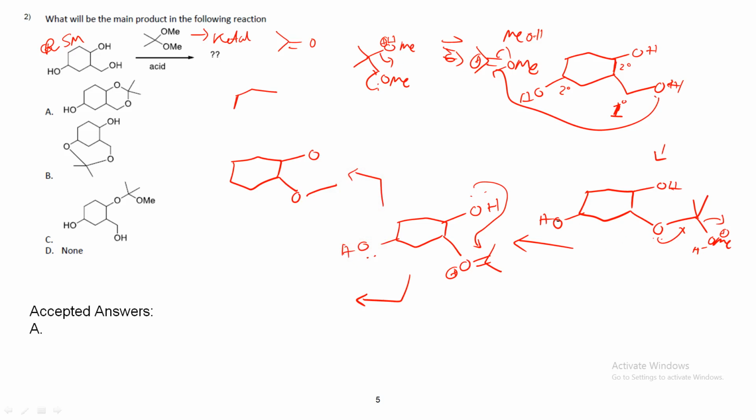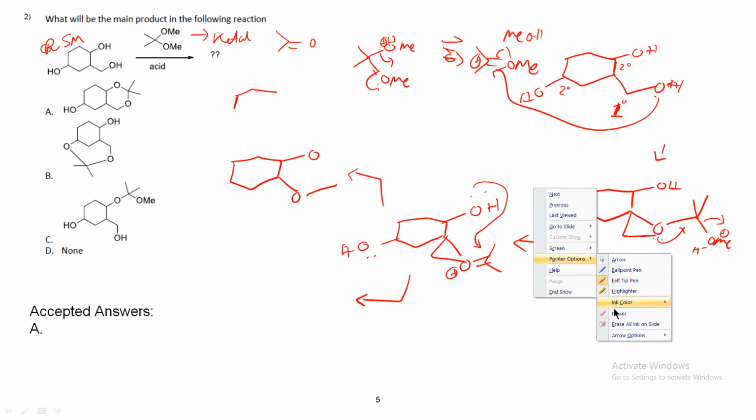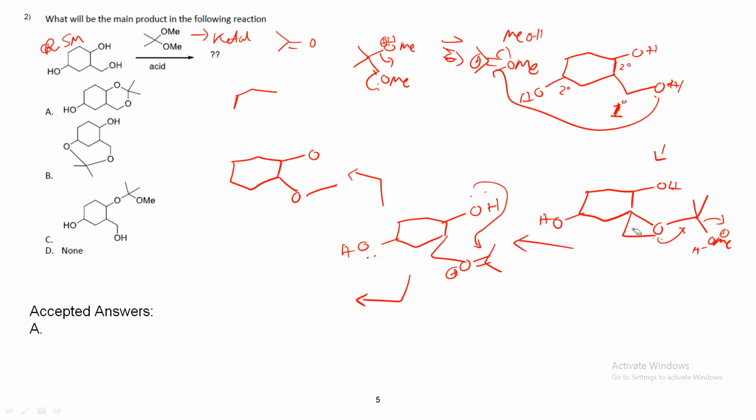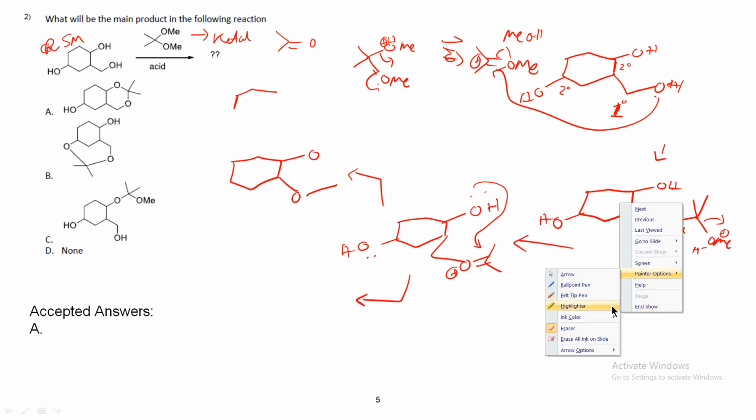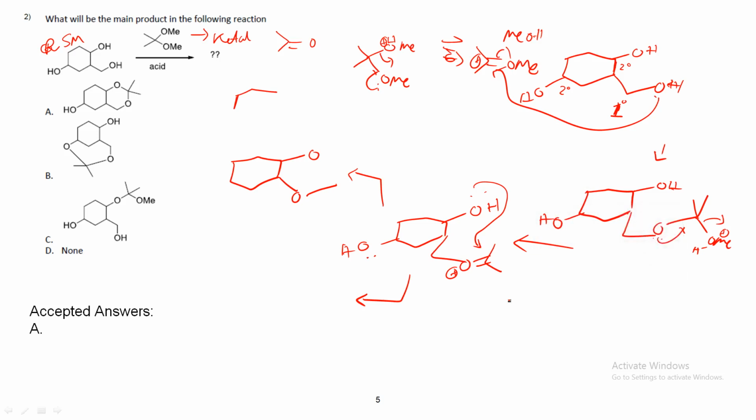Oh, sorry, here one carbon is missing. So CH2, this kind of thing. Yeah, so this species. So it would be CH2, it would be O, and this would be generated if this oxygen attacks.